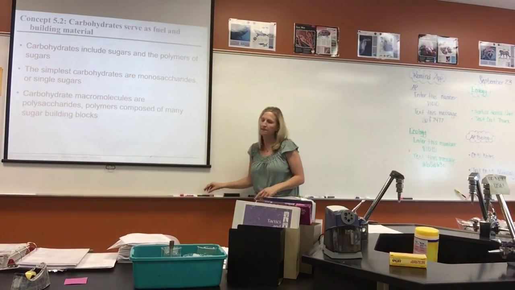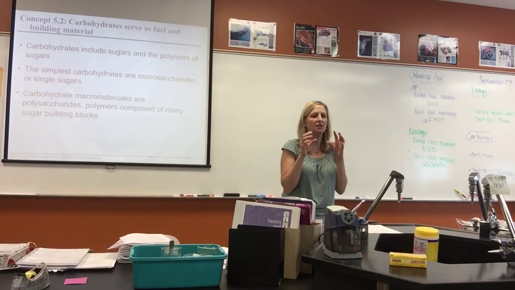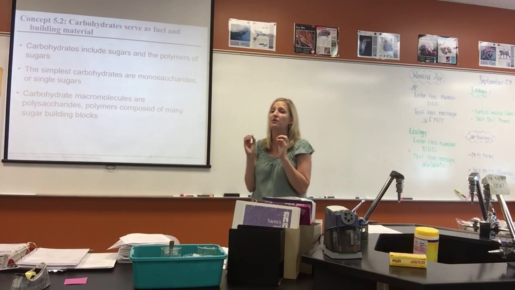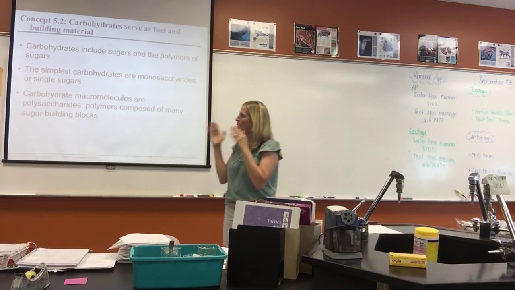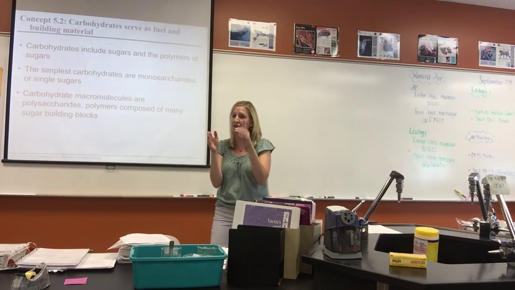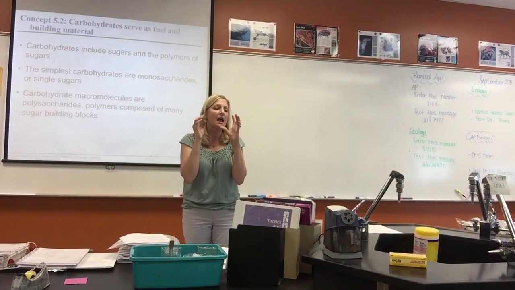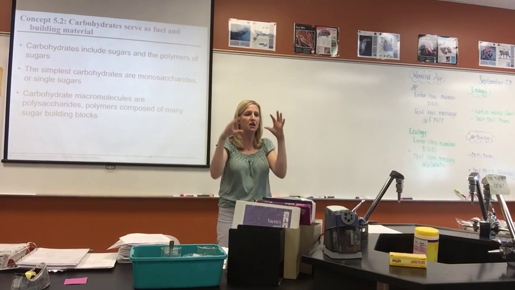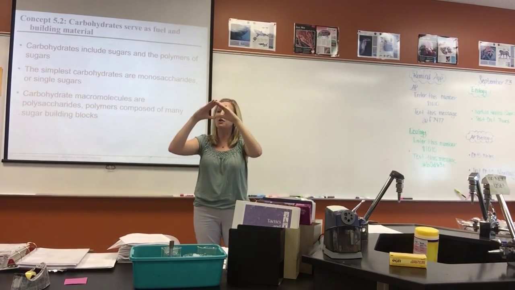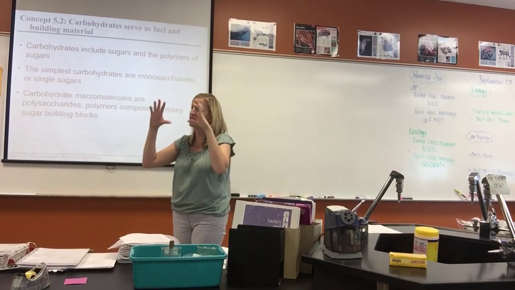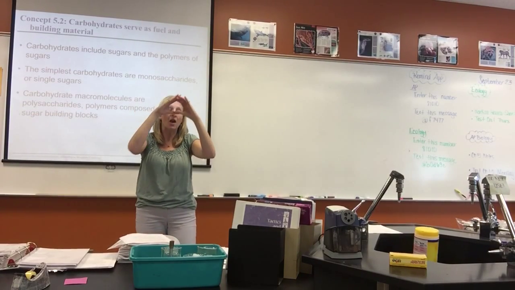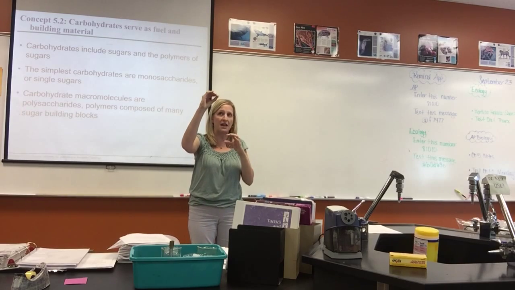With carbohydrates, we're going to classify them based upon their size. One single sugar is called a monosaccharide. Mono means one, saccharide means sugar, so one sugar. In living organisms, sugars are in the form of a ring. We'll talk a lot about glucose in this class. So glucose is in a ring. One ring of glucose is a monosaccharide.